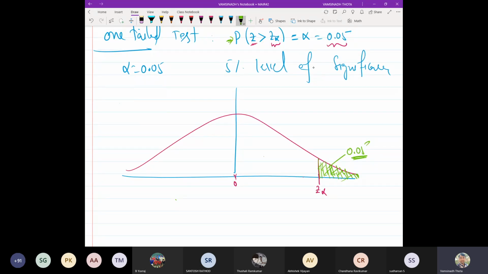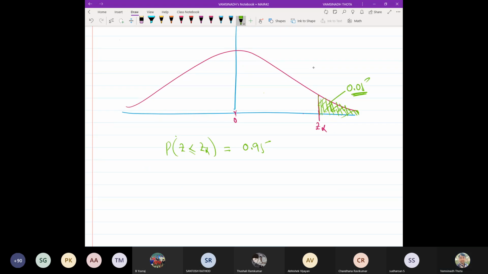remodify this equation. So what will it be? It will be the probability that Z is less than or equal to Z alpha is equal to 0.95. And Z equal to Z alpha means from here to here it is 0.95.